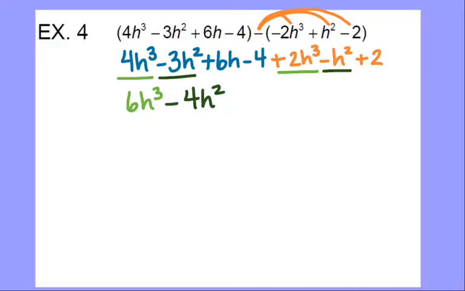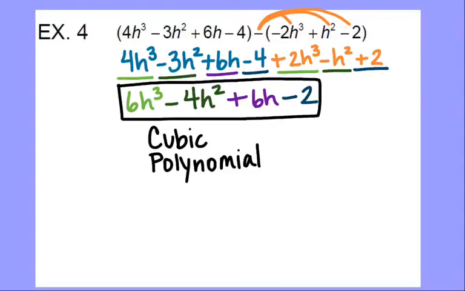Then my h's, I have plus 6h and no other h's. And last are my constants, negative 4 plus 2. So that would be minus 2. So again, because the highest exponent is a 3, this is a cubic polynomial.